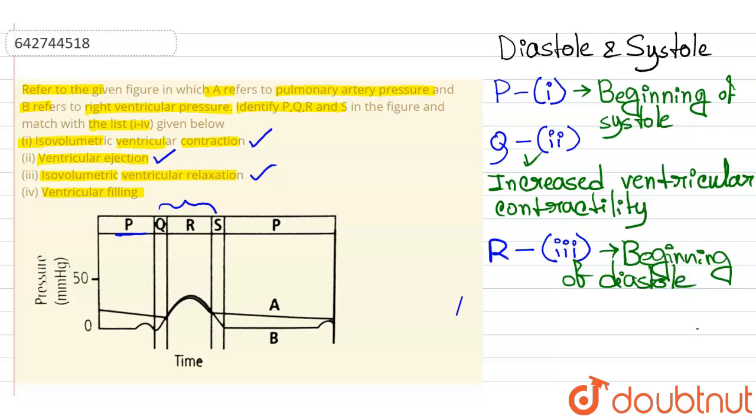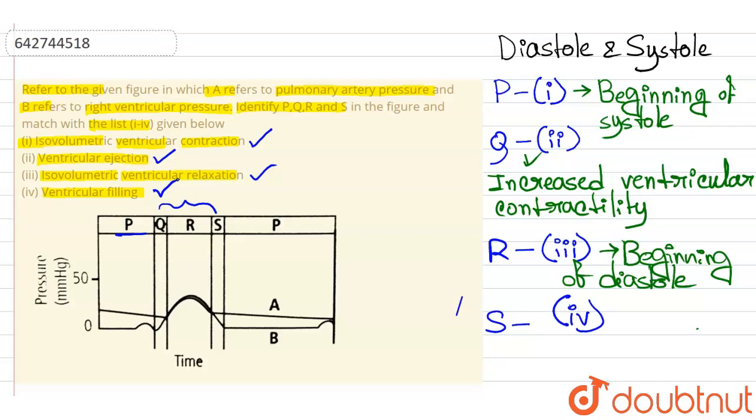And the last one will be option 4, that is ventricular filling. So as the AV valves open at a point, the ventricular filling starts and the ventricular pressure gradually increases until it equals the atrial pressure and the AV valves close.